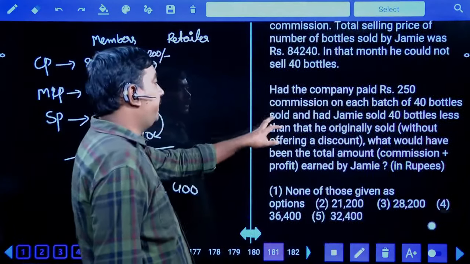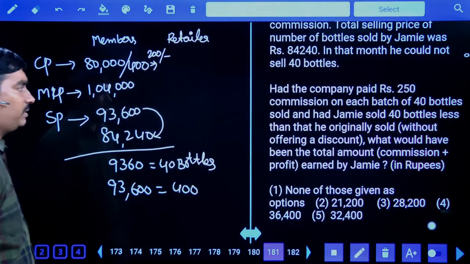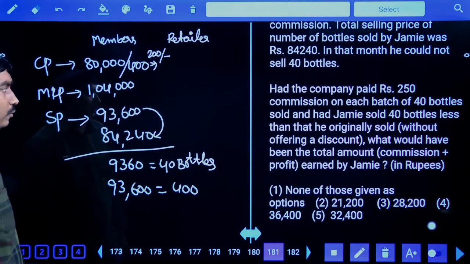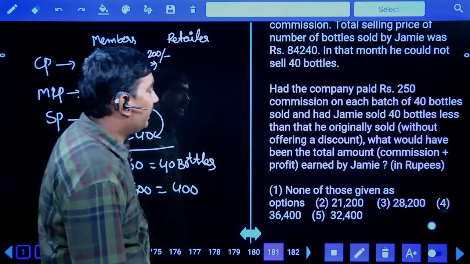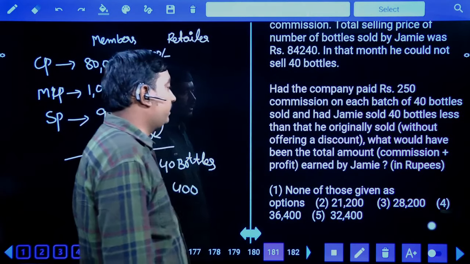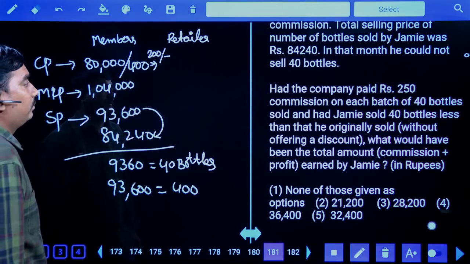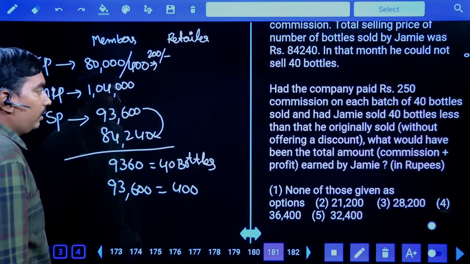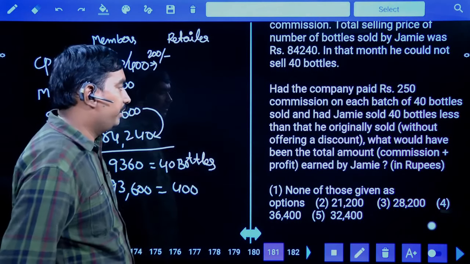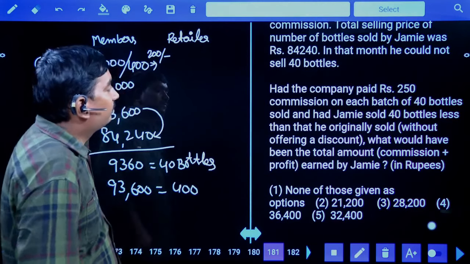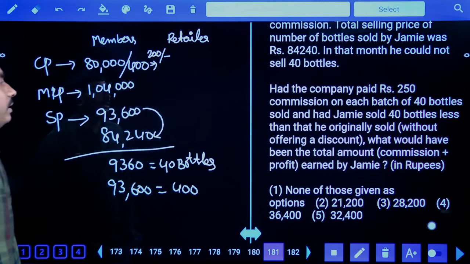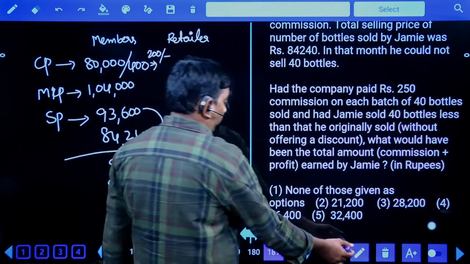Had the company paid 250 rupees commission on each batch of 40 bottles sold, and had Jami sold 40 bottles less than he originally sold, what would have been the total amount earned by Jami? See, originally he sold 360 bottles.